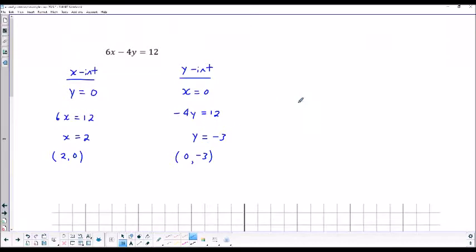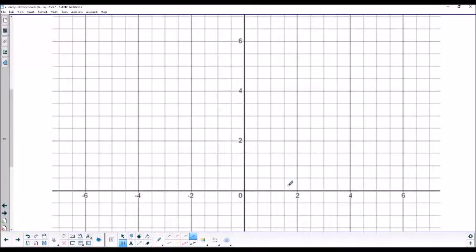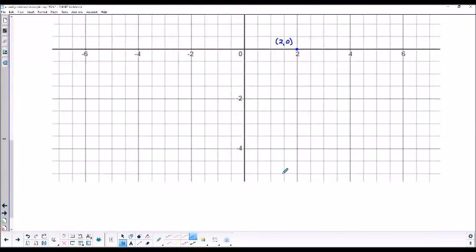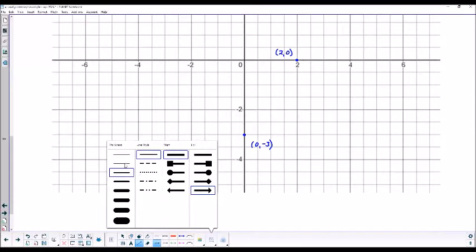Okay, and then we can just go down here and plot these. So 2, 0 is the x-intercept, and then 0, negative 3 is the y-intercept. And then we'll draw the line between the 2 points, and we'll extend the line.